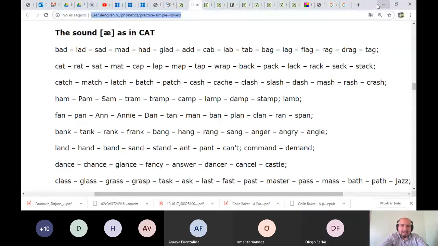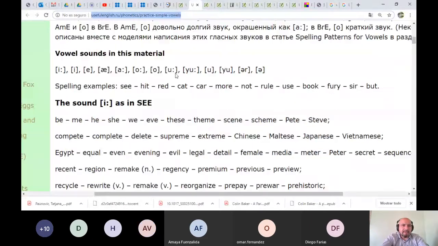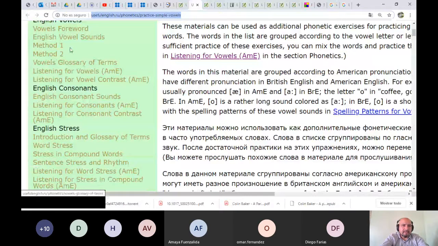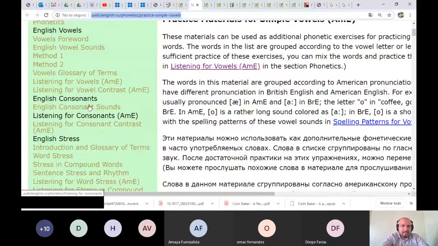Anyway, I wanted to practice this sound because it's one of the complex ones for Spanish speaking people. That's why I posted the website. The good thing is that you can find more listening exercises here, for both vowel sounds and consonant sounds.